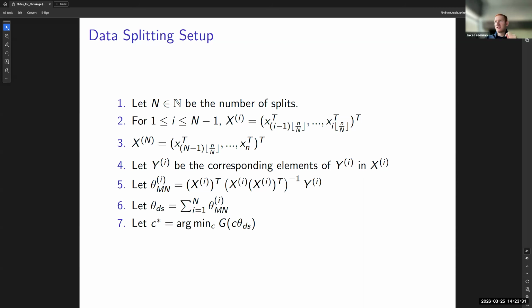Then our yi is just the corresponding elements, and we construct a minimum norm interpolator for each of our split datasets. Then we add them all together. We'll get into why we don't average over them in just a second. And then instead of having C opt, we're going to find the C star, and we'll look at how close they are, and they're pretty close.